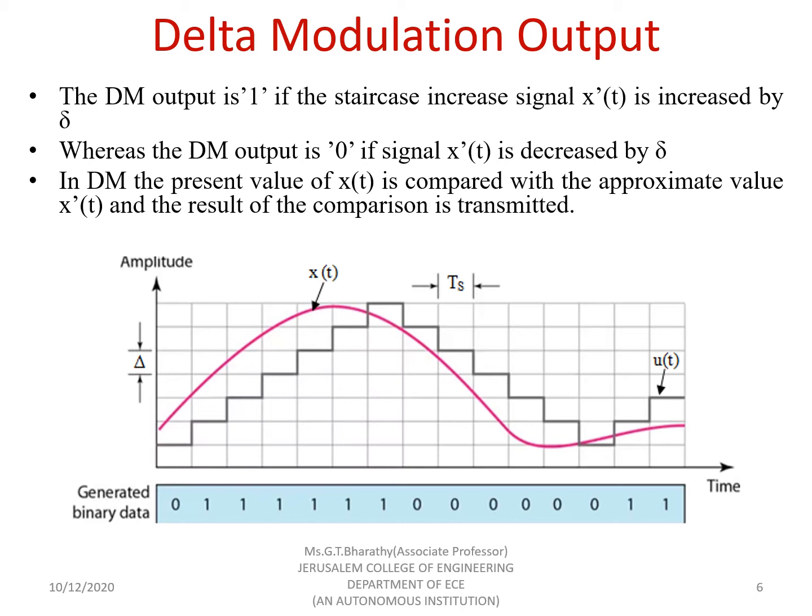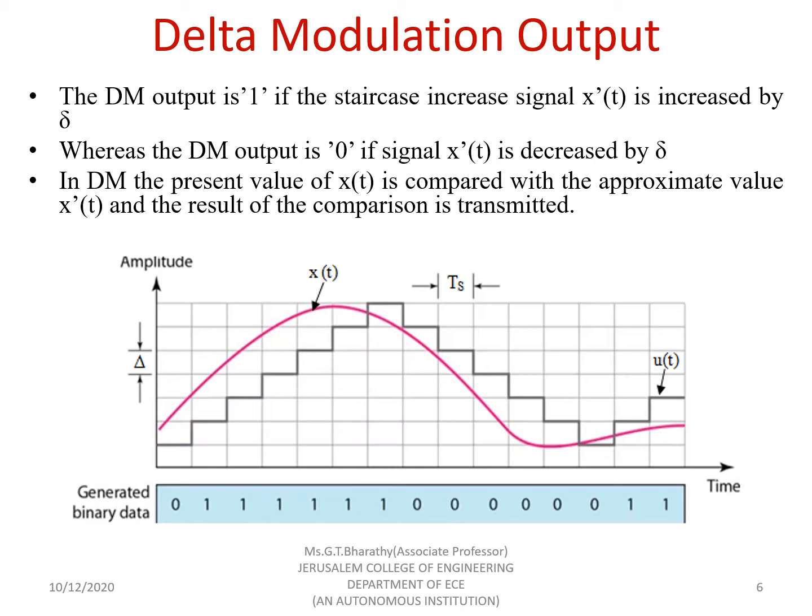Now in this case you can see this is the present sample and this is the previous sample, so 1 is transmitted. In the next case, the present sample is somewhere at the bottom and the previous sample is at a higher value. So the difference in this case is going to be negative, so 0 will be transmitted. Whenever there is a decrease in the amplitude, the present sample will be less than the previous sample, so in all those cases zeros will be transmitted. Again, when the amplitude slightly increases, 1 will be transmitted.